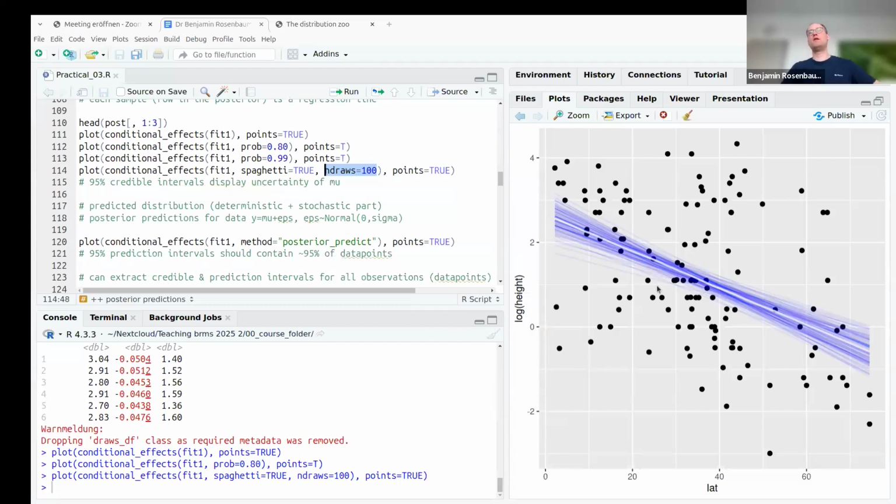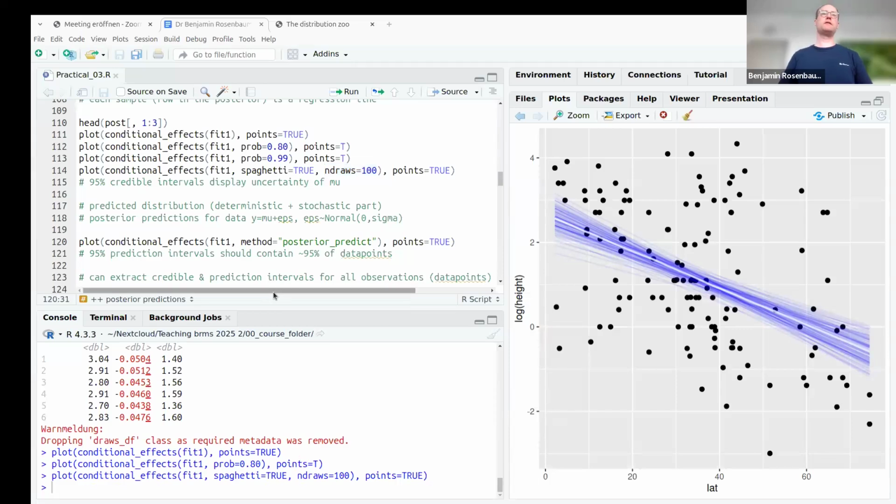Okay, but they all just use the deterministic part of the model, right? So the regression line only contains intercept and slope, but we know that the statistical model also contains a standard deviation, how strongly the data deviates from this mean regression line.